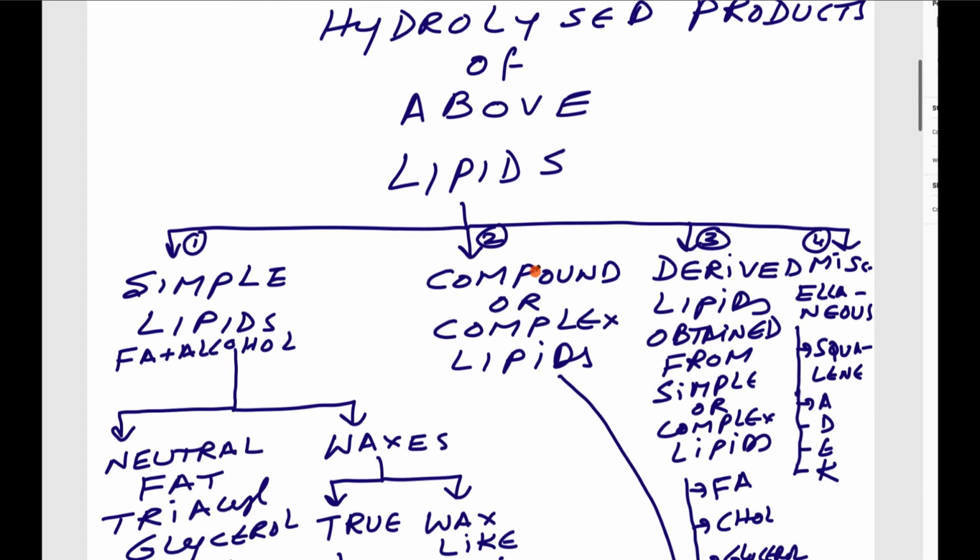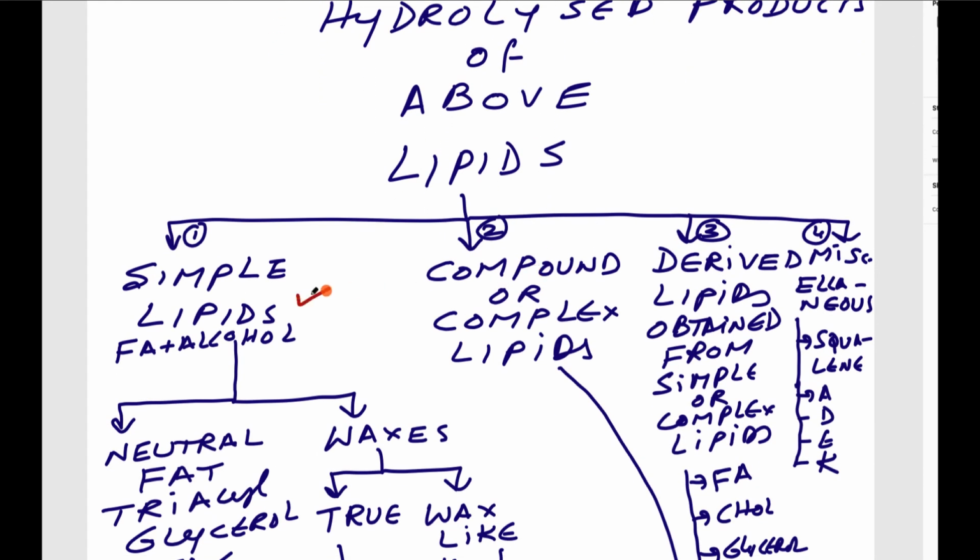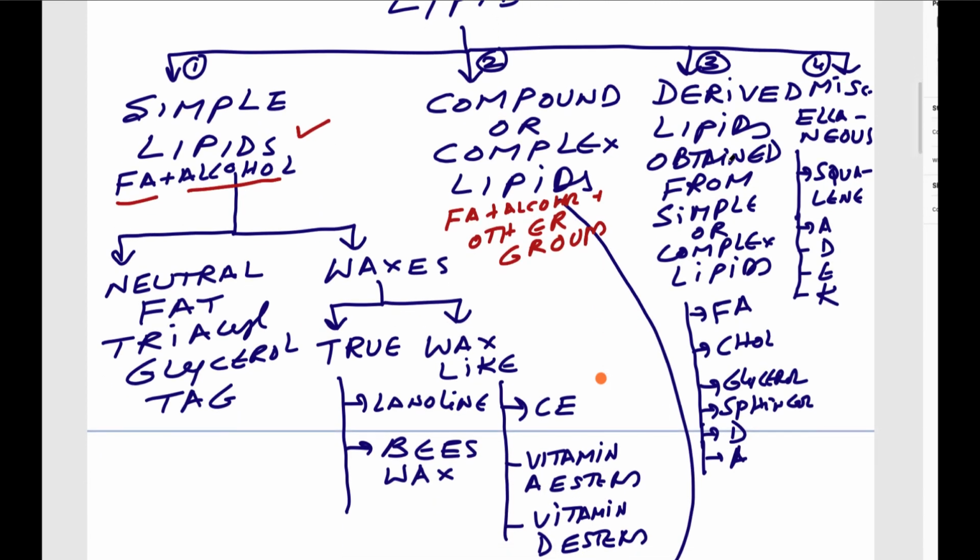Lipids are classified into simple lipids, which contain fatty acid and alcohol; compound or complex lipids, which contain fatty acid, alcohol, and other groups; derived lipids, derived from simple or compound lipids on hydrolysis; and the miscellaneous group.